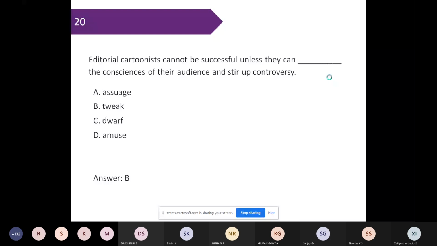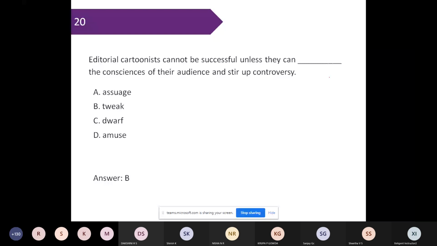The correct answer is option B, tweak. If you take option A, assuage means to calm. Calming down. So we don't want this word, because if they want to be successful, they need to twist the conscience of their audience and stir up controversy. And dwarf means something lacking here.